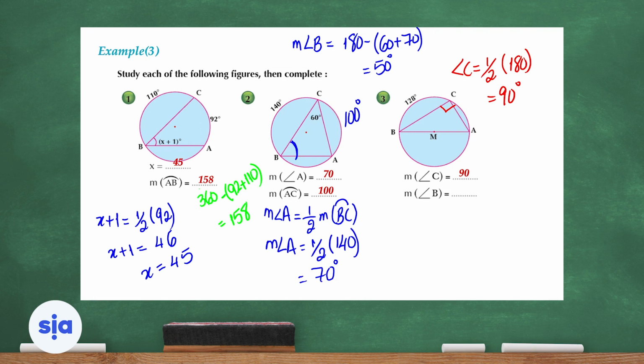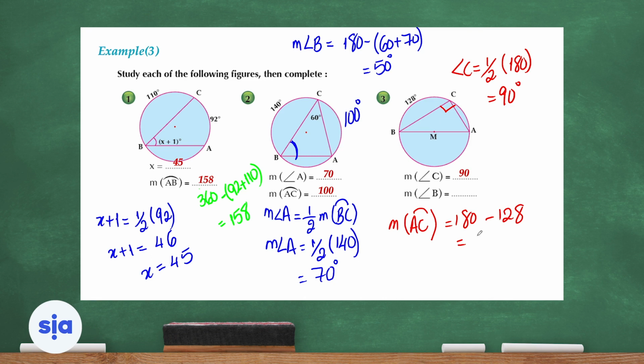And then the question is asking me to find the measure of angle B. If you check the measure of angle B, angle A is an inscribed angle. How can we find the measure of arc AC? The measure of arc AC equals 180 minus 128.